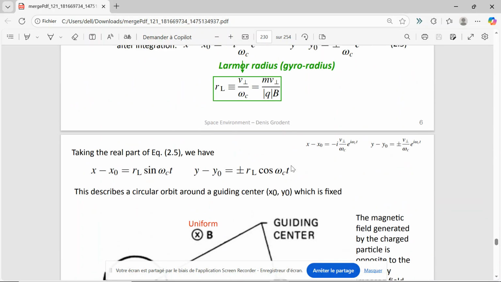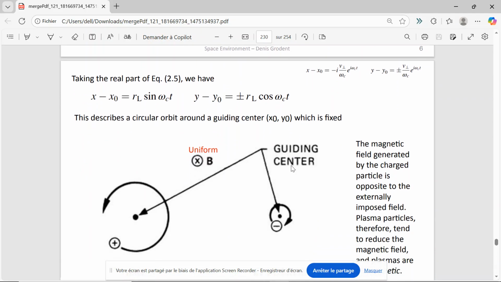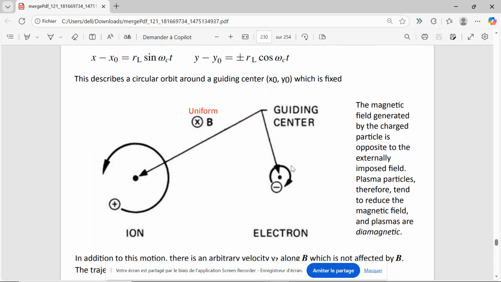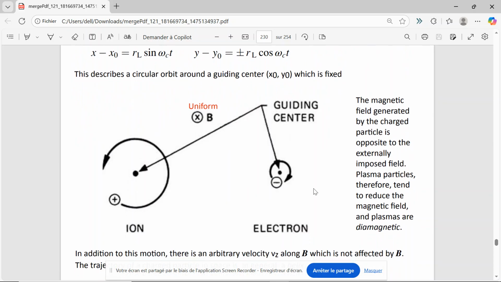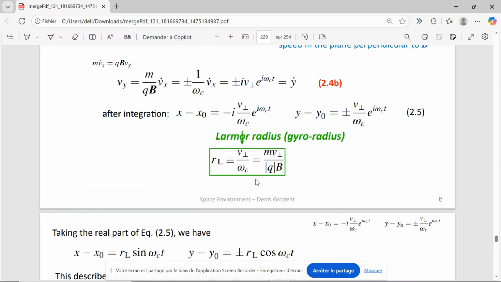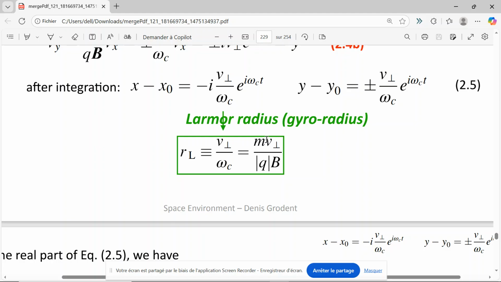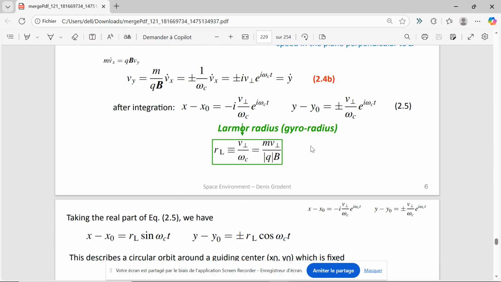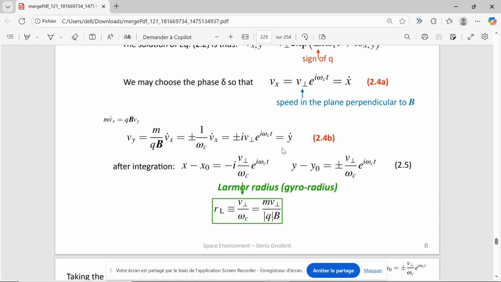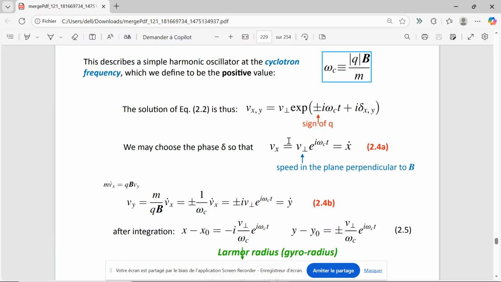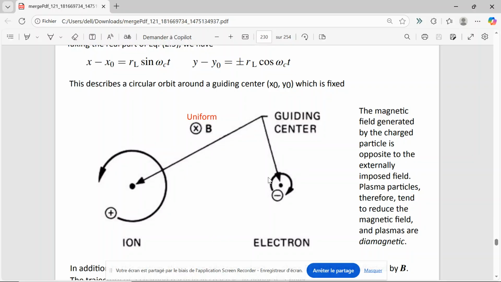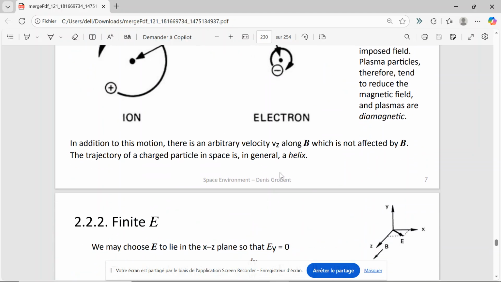They move in opposite directions: the electrons move like this, and the positive ions move like that. Because we take the absolute value, V perpendicular depends on the particle charge. Yes, the sign of q is included like this. So they rotate but in opposite directions.